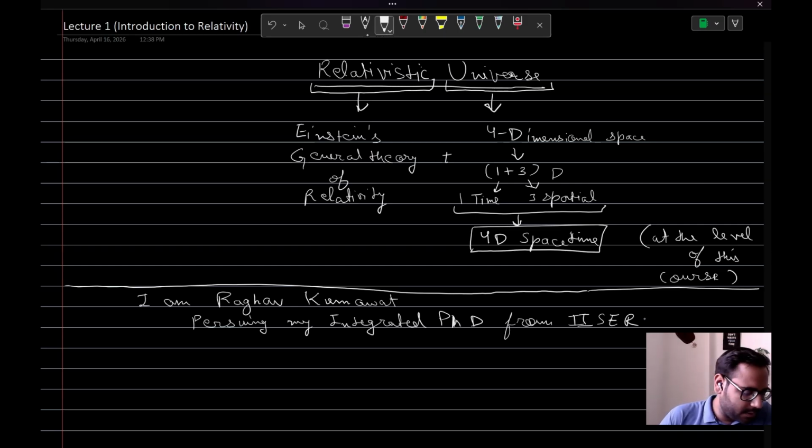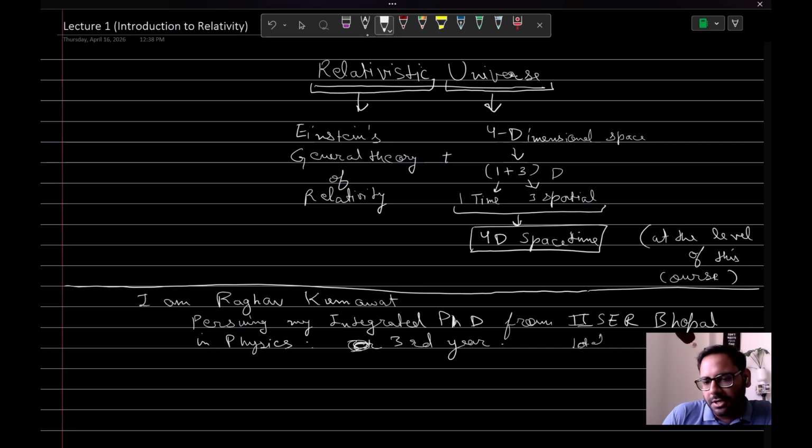Sorry about my handwriting, I'm just beginning with this new device, a writing pad. So basically, it's my third year. It's an integrated PhD, so in total it is about 6 years, like 3 years of MS and 3 years of PhD officially. Okay, so back to our course.